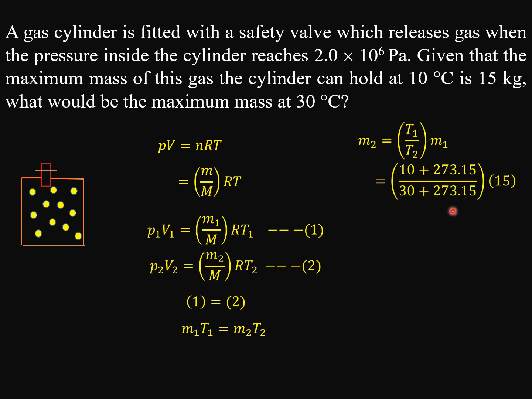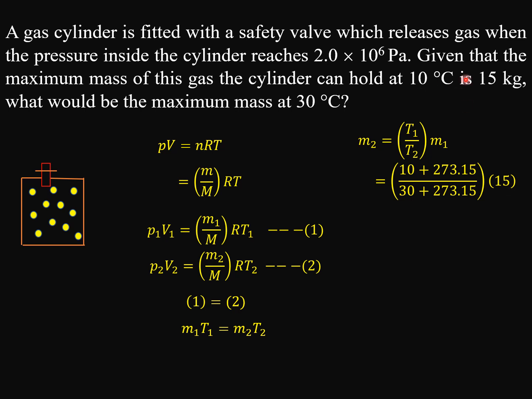Now we can substitute values for T1, T2, and M1. T1 is the initial temperature, 10 degrees C, but we must substitute in Kelvin, so it is 10 plus 273.15 Kelvin. For the final temperature T2, it is 30 degrees C, so in Kelvin it is 30 plus 273.15, and multiply by M1, the maximum mass at the initial state, which is 15 kg.